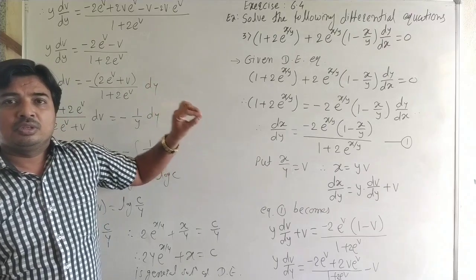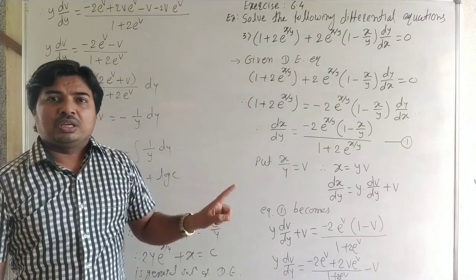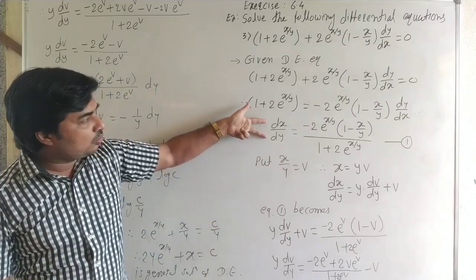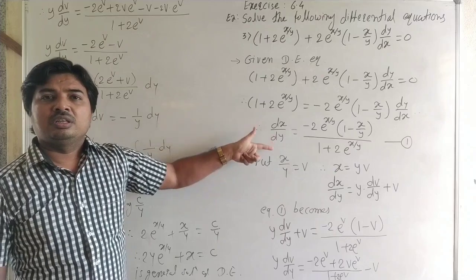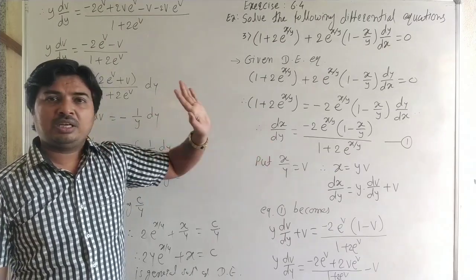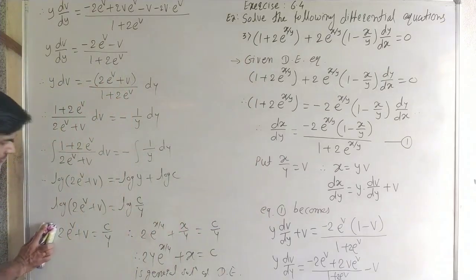Here we put x by y is equal to phi, when we write the homogeneous differential equation in the form dx by dy. So here we use dx by dy. Okay, see carefully this. Now we see the next example.